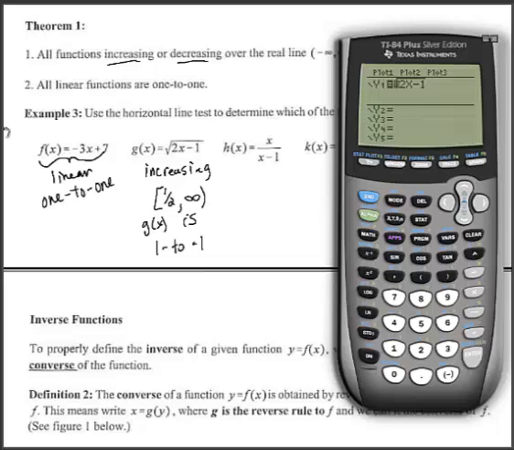We will clear out the square root function g, and let's put in this rational function h. I will put the denominator in parentheses so that it knows both the x and the minus 1 are in the denominator, and I'll graph it.